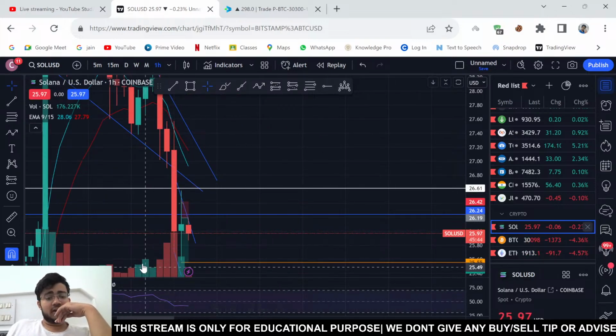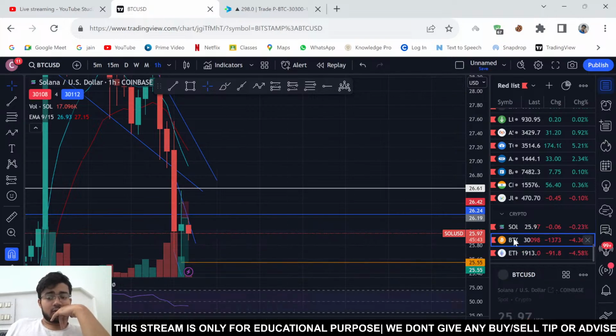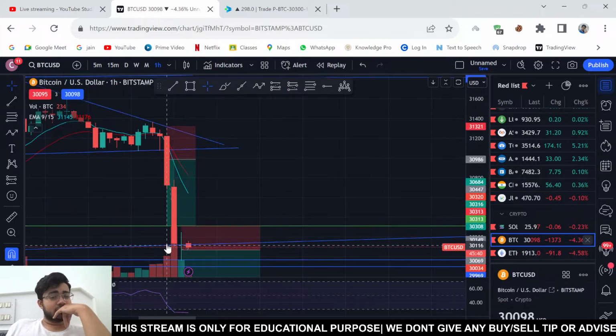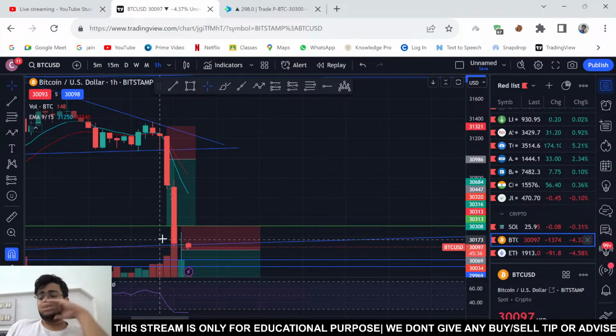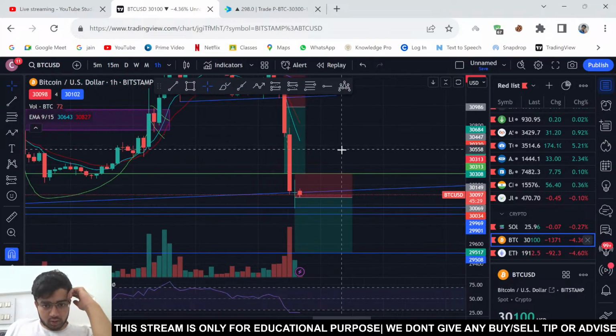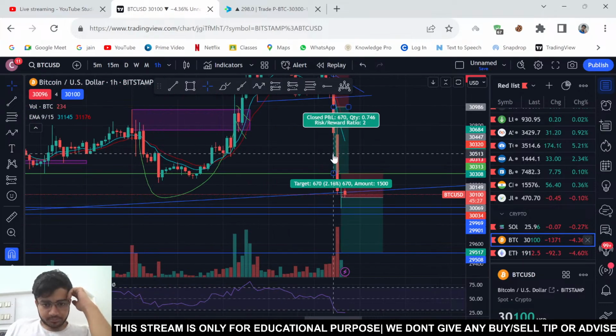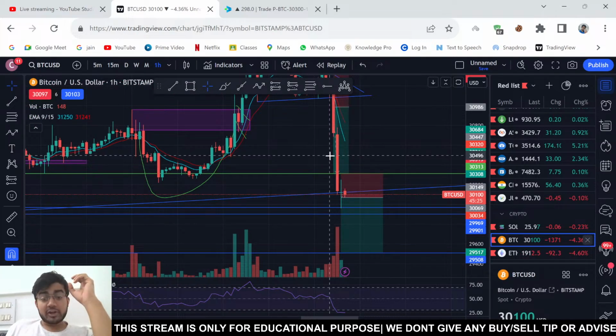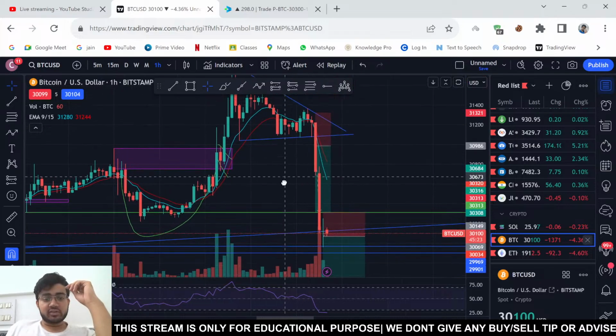If you just go back, not in Solana, but in BTC, you can see the momentum. This is all I'm talking about. Momentum is really important in trading, guys.